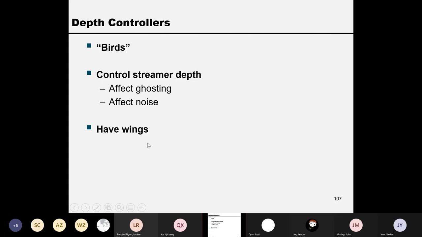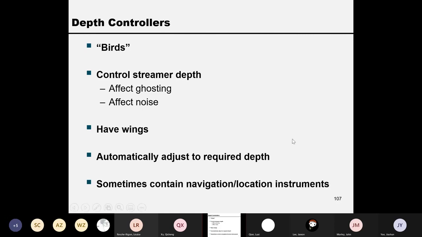And they have wings, just like a small boat in the water, okay? Automatically adjusted, if we send out a signal for the depth they want, they automatically go up, down, adjust the depth. Quite good. And they also have navigation information on that. You know exactly where the receiver is.